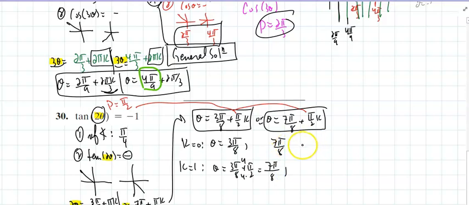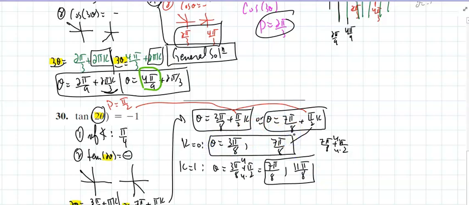And here, if I take 7 pi over 8 and I add pi over 2 to it, pi over 2 is 4 pi over 8, that's 11 pi over 8. That's also allowed. Now, if you are wondering what I mean by allowed, I want to run theta between 0 and 2 pi.